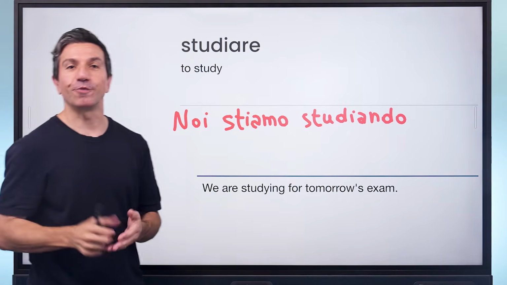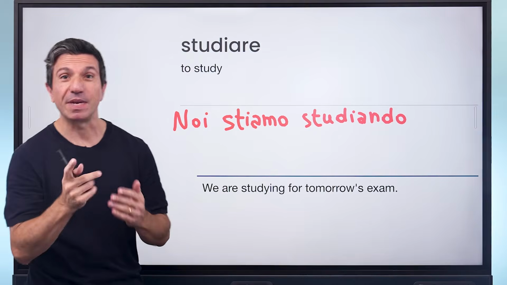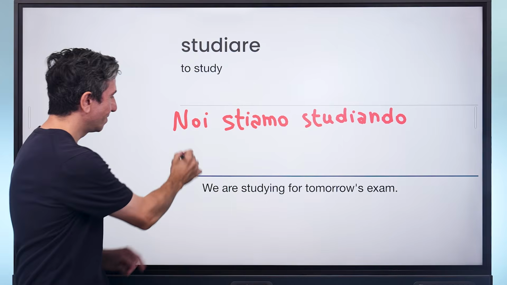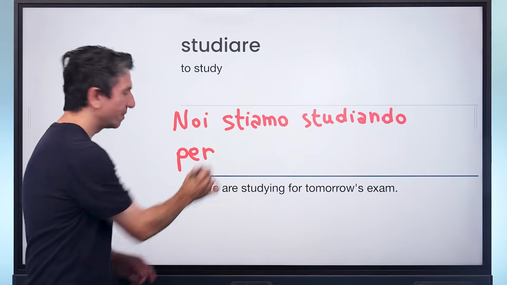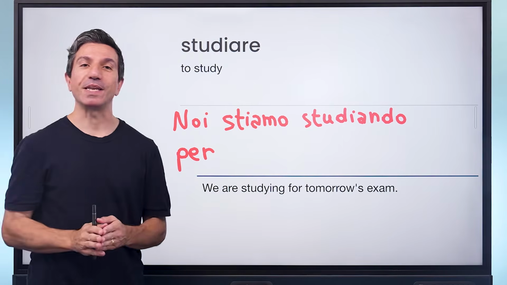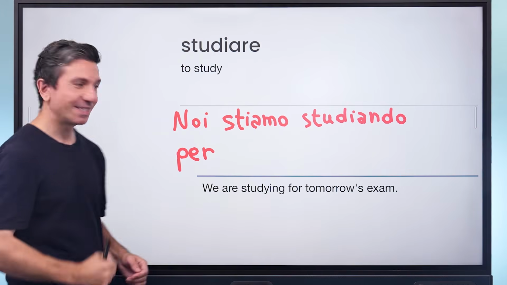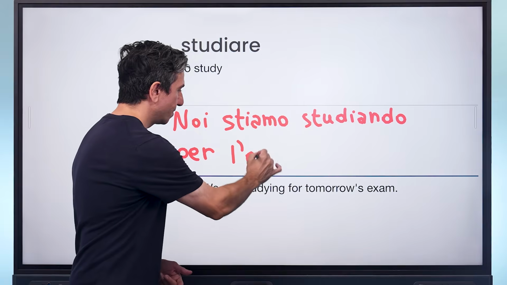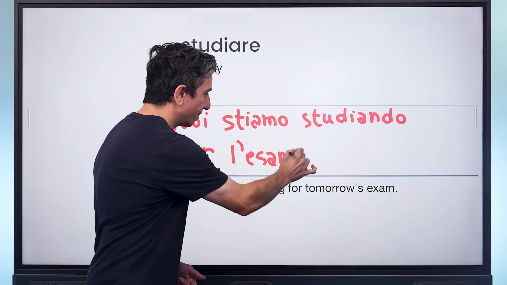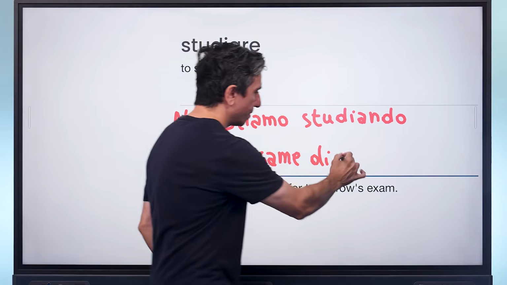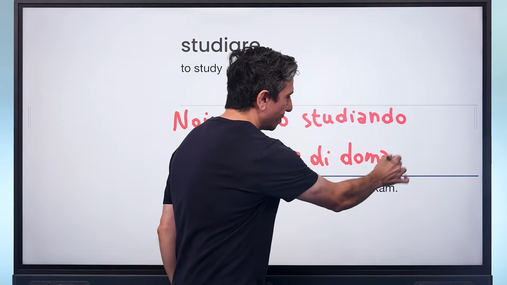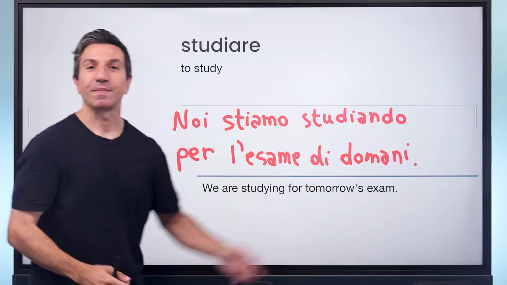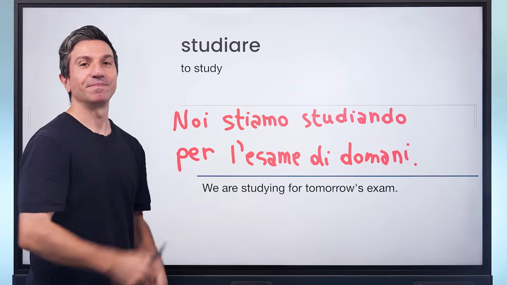Studiando, the gerund form of studiare, meaning studying, followed by per, a preposition meaning for. Next. L'esame di domani, meaning tomorrow's exam.